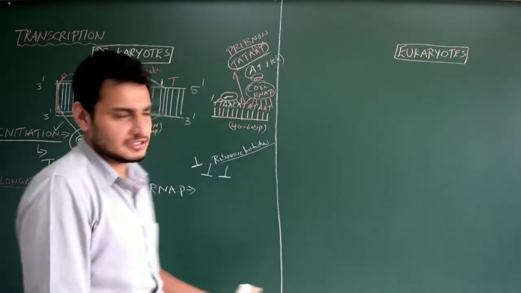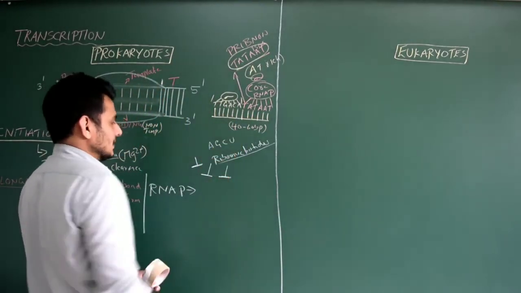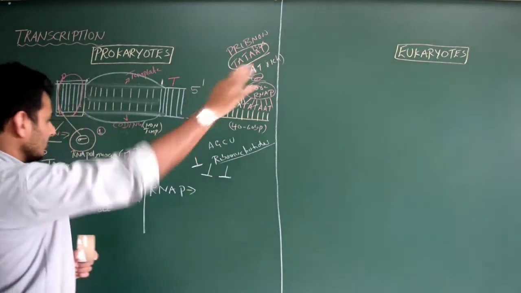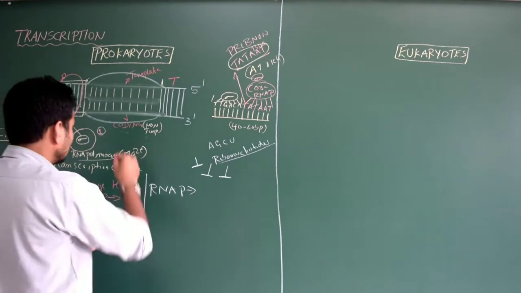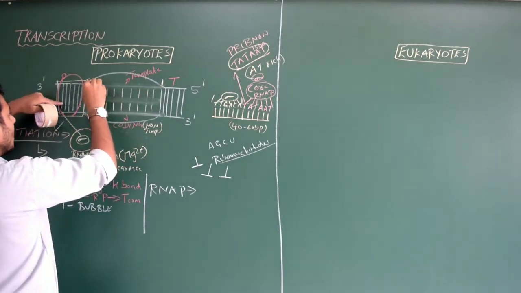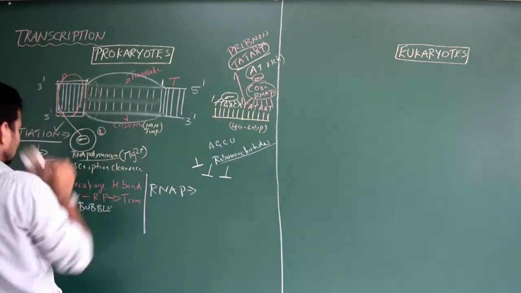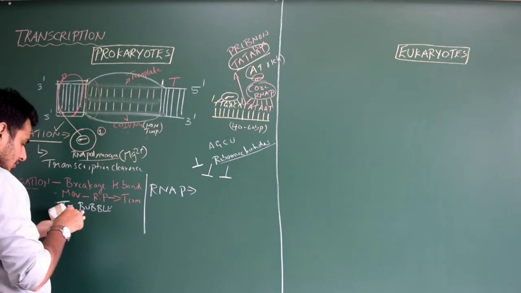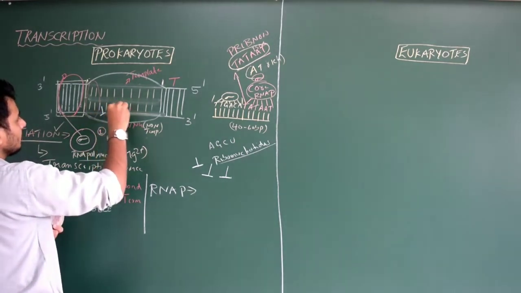So ribonucleotides, that is adenine, guanine, cytosine and uracil ribonucleotides. Let us say here the template strand is there. Now the RNA polymerase is starting to move towards the terminator region, so it's going to bring the ribonucleotides. We use a blue color here.